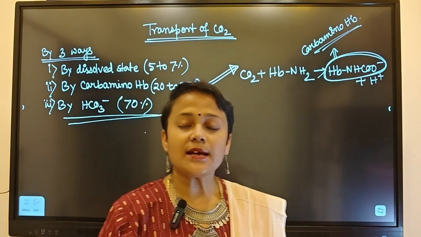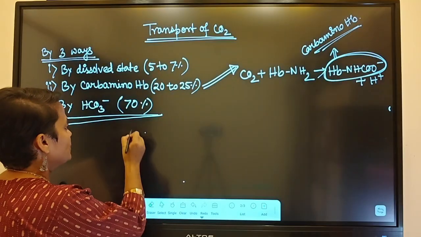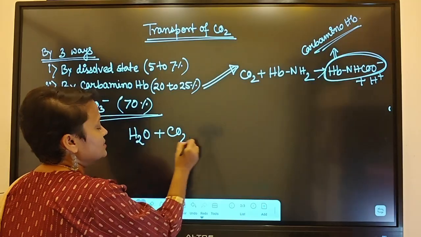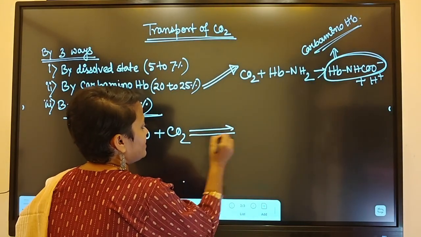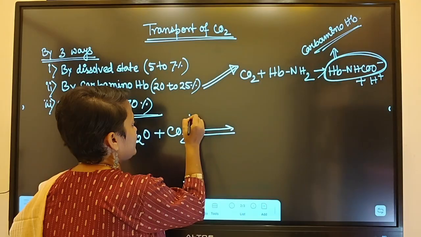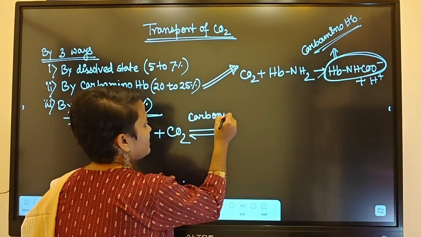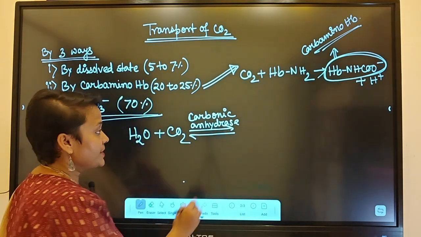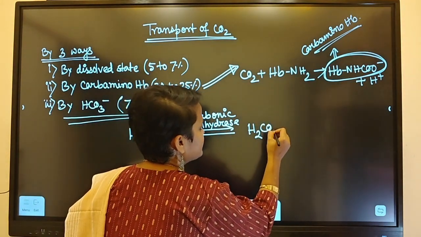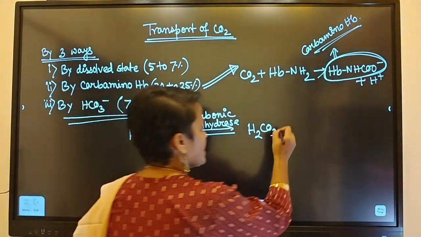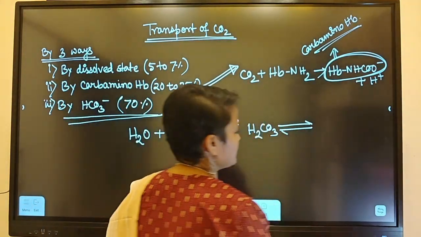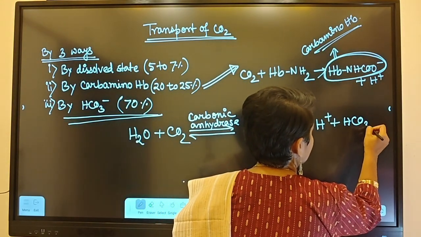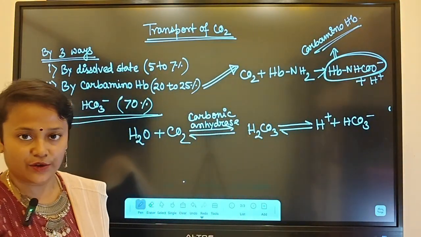In the presence of the enzyme carbonic anhydrase, water and carbon dioxide will make H2CO3, which is nothing but carbonic acid. Carbonic acid will dissociate to H plus and HCO3 minus, meaning hydrogen ion and bicarbonate.